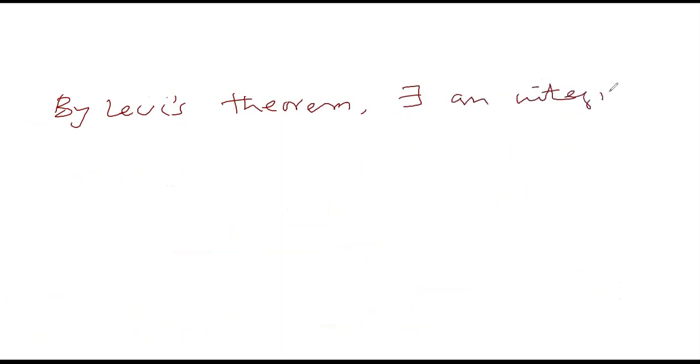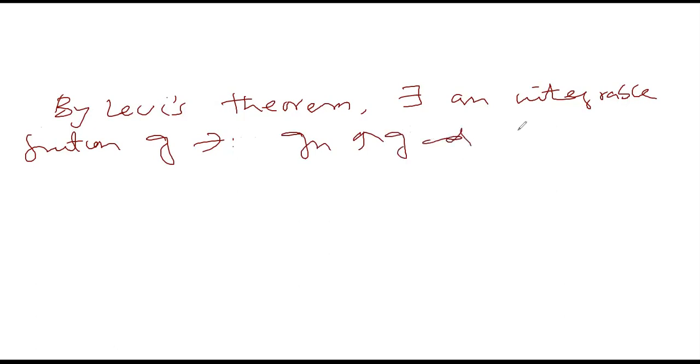Thus, by Levi's theorem, there exists an integrable function g such that gn increases to g, and the integral of gn increases to the integral of g. This is Levi's theorem.